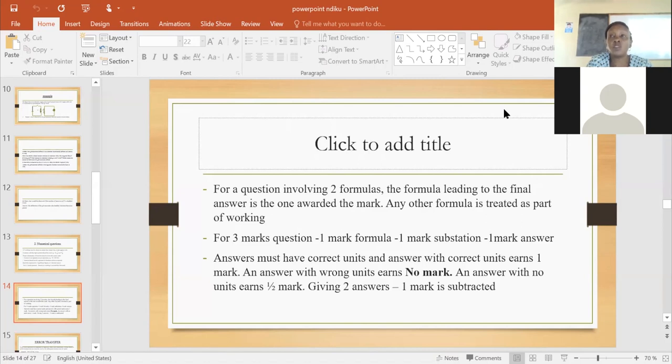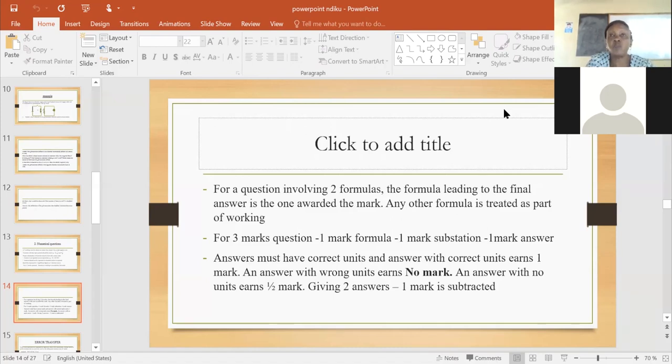An answer with no units will earn half a mark. That means it is better to leave the answer without units if we are not sure of the units, other than writing the wrong units, because you end up scoring half a mark, which might be beneficial in the end.